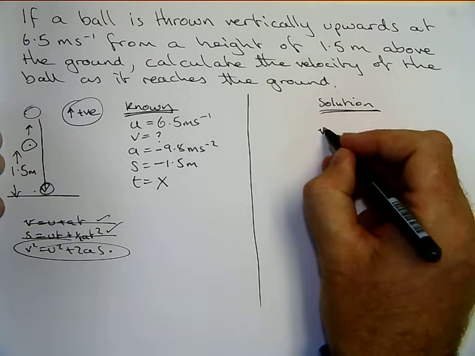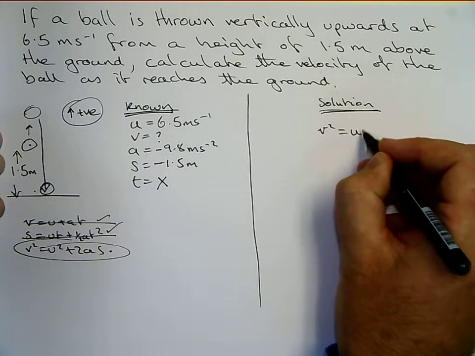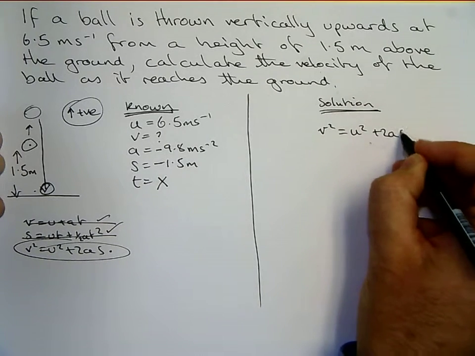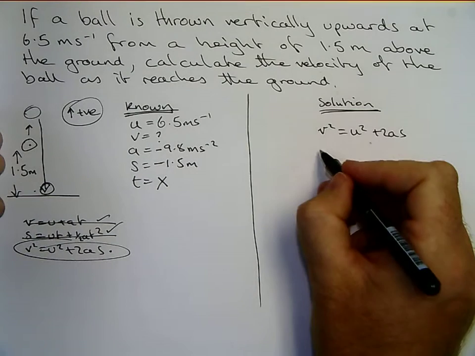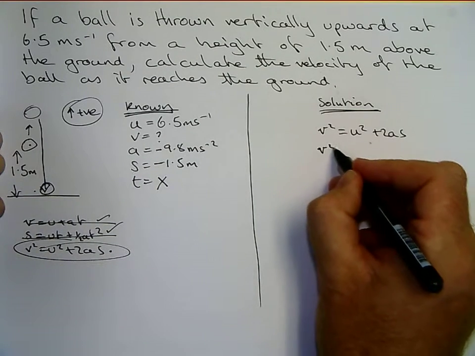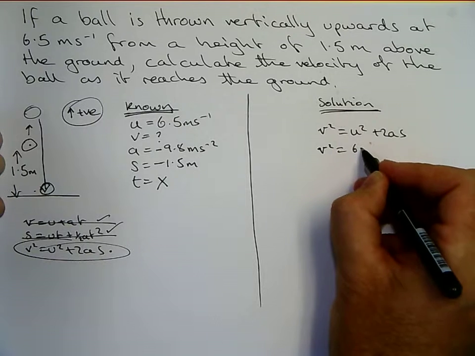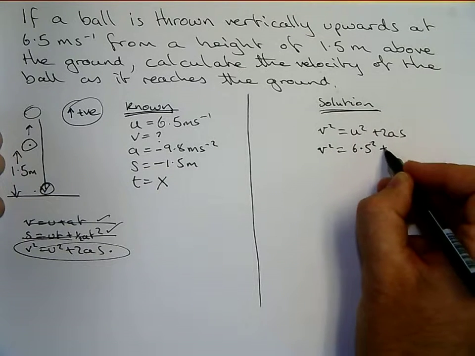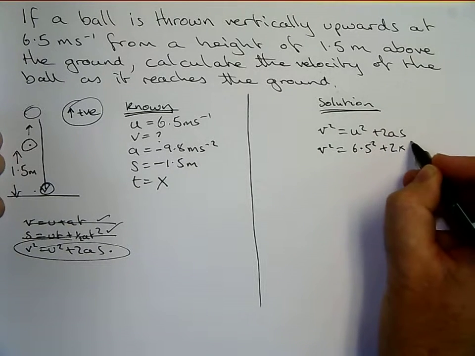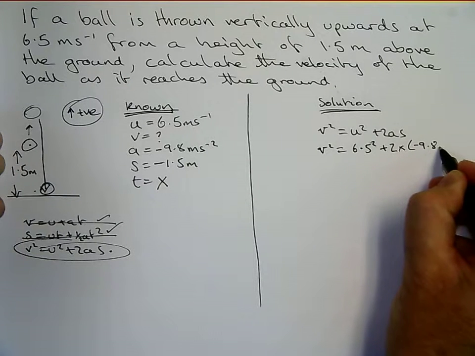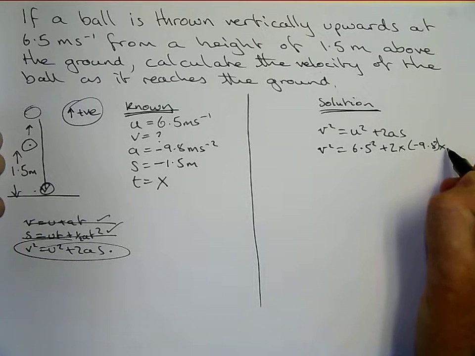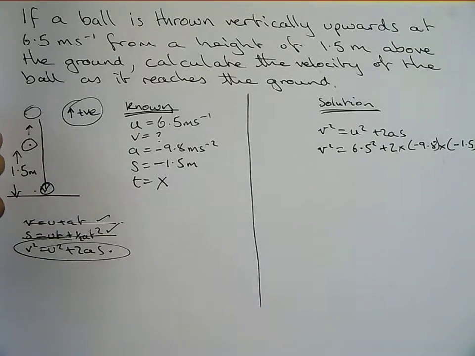So v squared equals u squared plus 2as. V squared equals u is 6.5 squared plus 2 times negative 9.8 times negative 1.5. So these negatives are going to cancel out to give us a positive number.